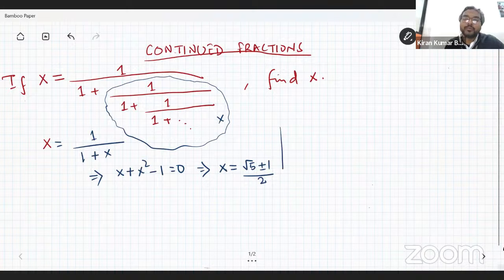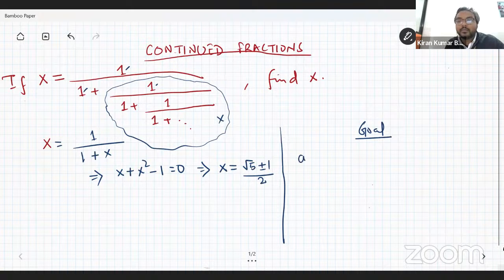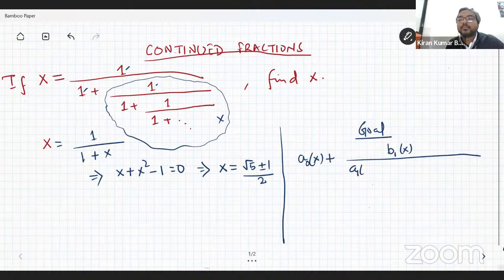So our goal for today is, like here we have numbers, I'll be discussing a mathematical structure of this form. Here, instead of numbers, I have functions.